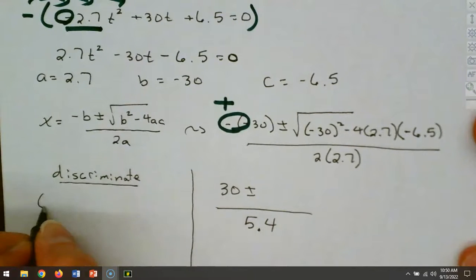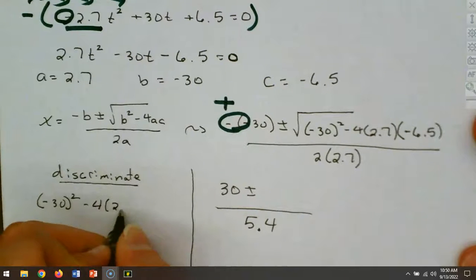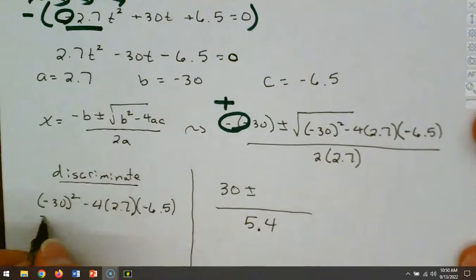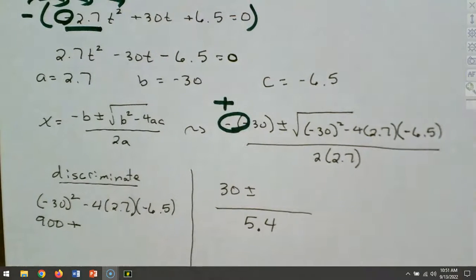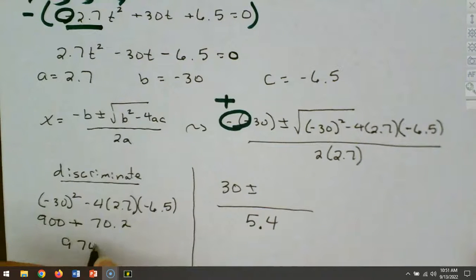And we have a negative 30 squared minus 4 times 2.7 times a minus 6.5, so that's 900. Double negative makes that positive. And that gives you a 70.2. So that's 970.2.